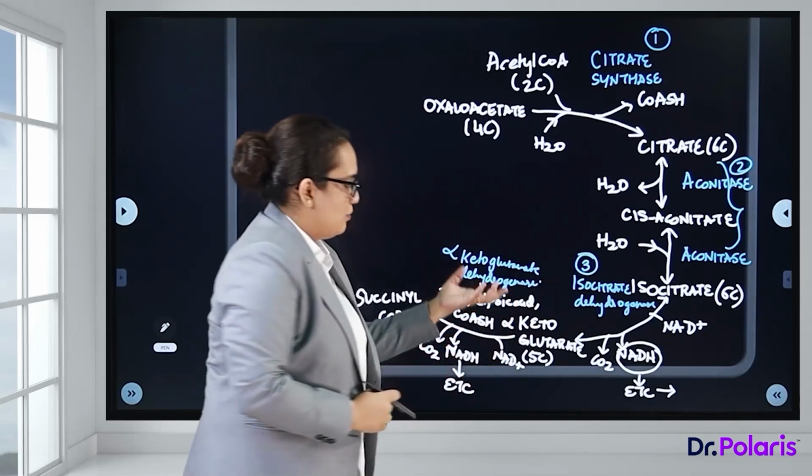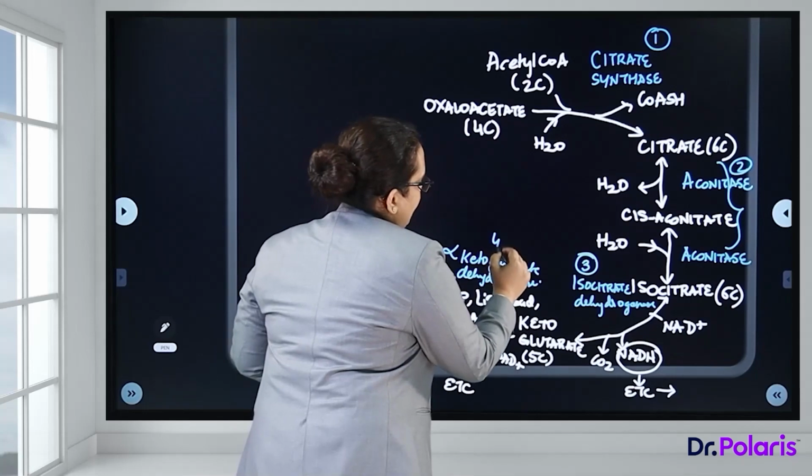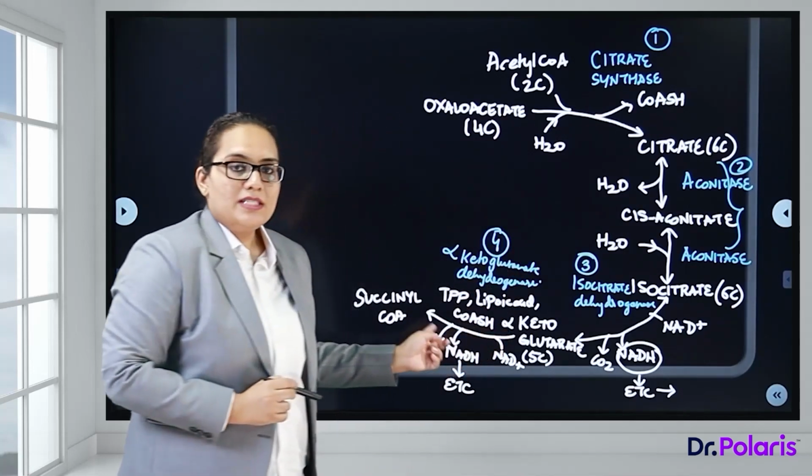As you can see, there is removal of hydrogen, so you call this enzyme dehydrogenase. This is the fourth step, and this is an irreversible step.